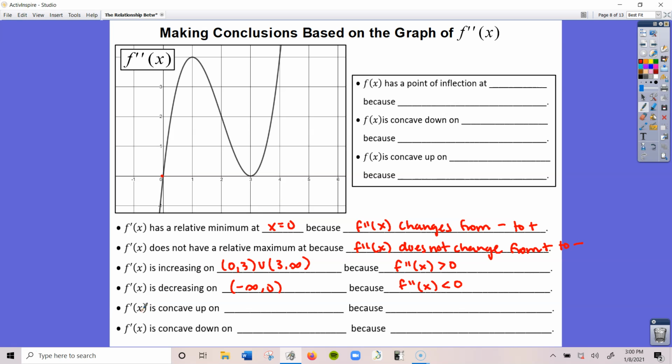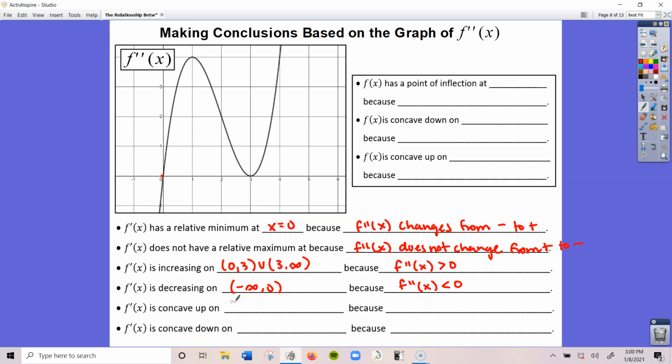But to reiterate, f prime of x is concave up. So think about if we're talking about the function, it is concave up when the second derivative is positive. But in this case, we're looking at the first derivative, so that would mean that the third derivative would have to be positive. And that would occur when f double prime of x is increasing.